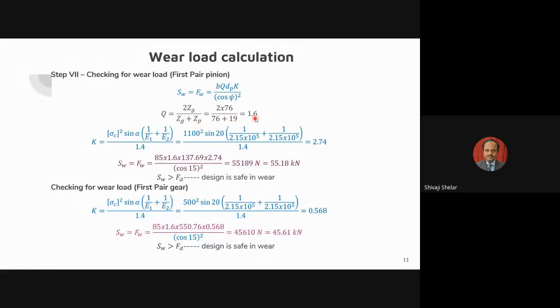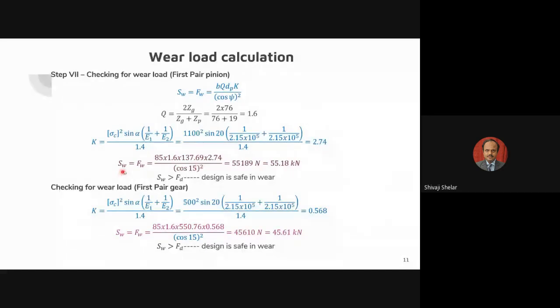This comes out to be 1.6 in this case for a ratio of 4. Then the K value is sigma c square sin alpha (1 upon E1 plus 1 upon E2) upon 1.4. Since the material is for the pinion, the design stage sigma c value is 1100 Newton per millimeter square. E1 and E2 are the same. So we come to know the load stress factor here is 2.74.